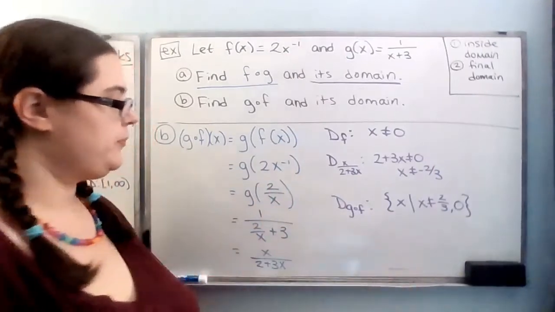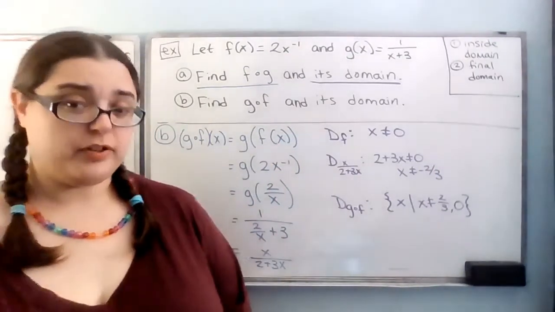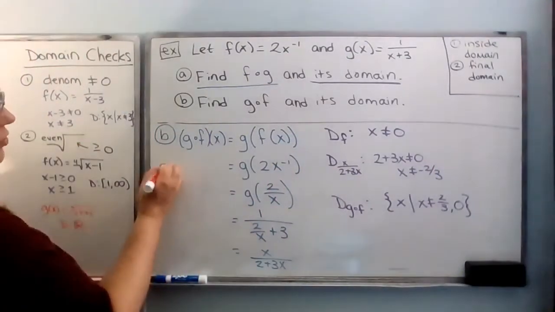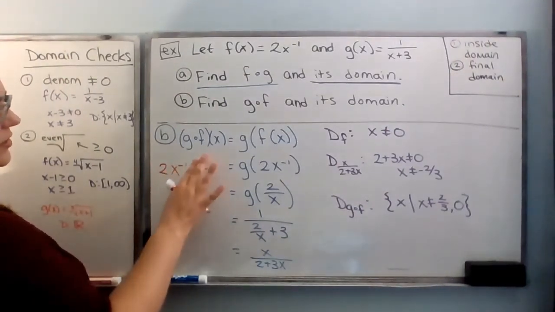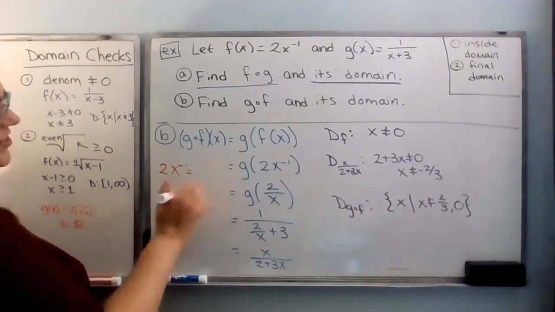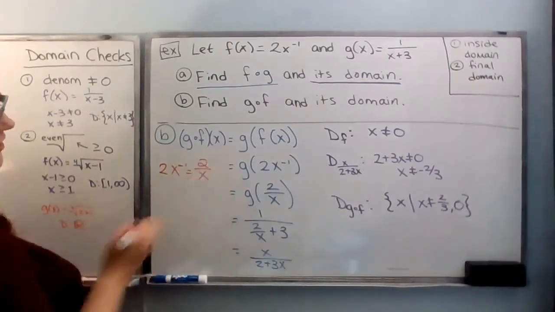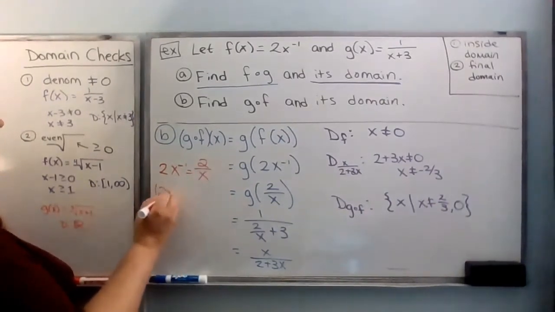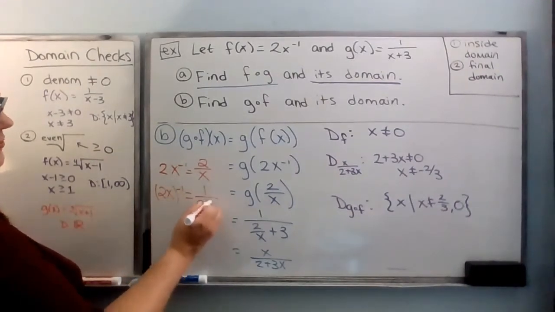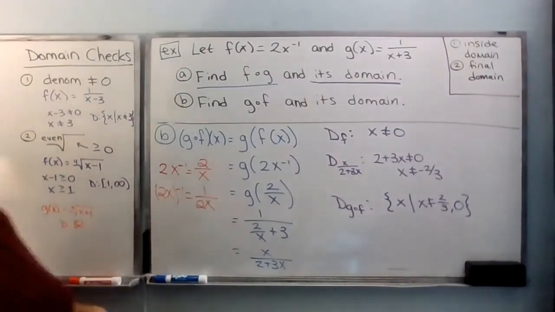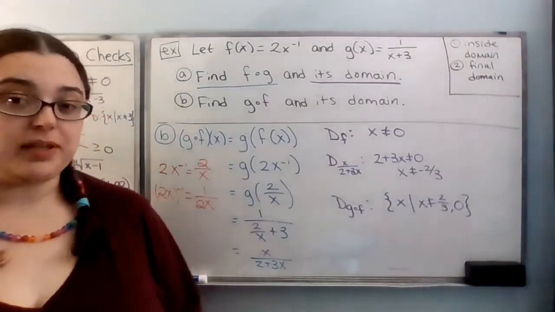So in other words, I decided to take this x to the -1 and throw it into the denominator. Now you want to be careful here because (2x) to the -1 means 1 over 2x, whereas 2x to the -1 is going to mean 2 over x. So you want to be careful where that 2 ends up being.